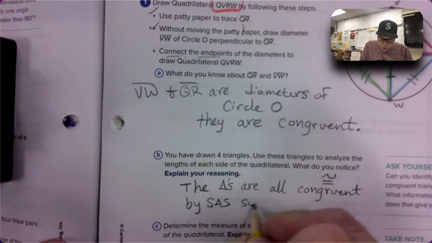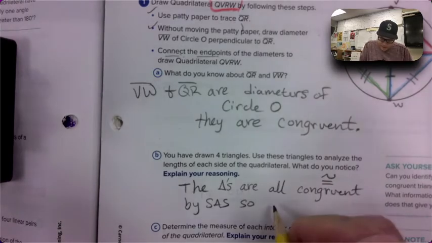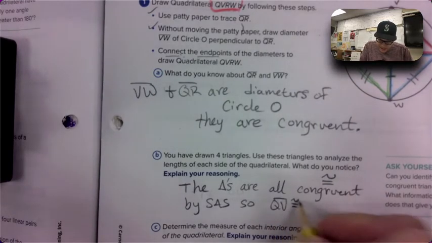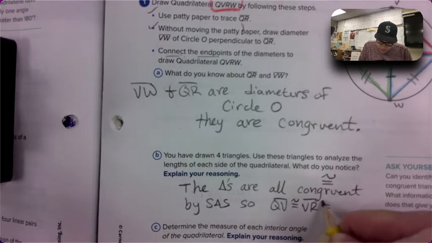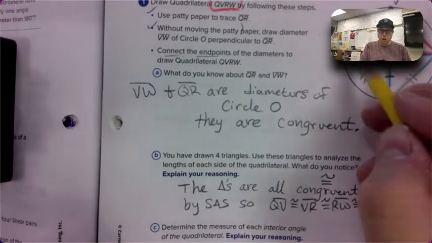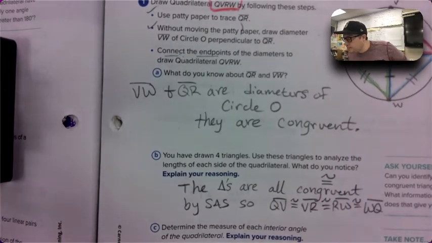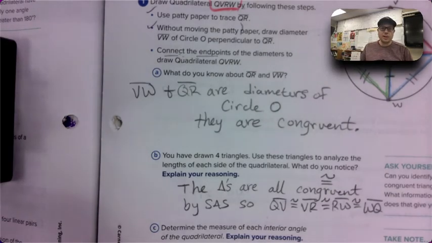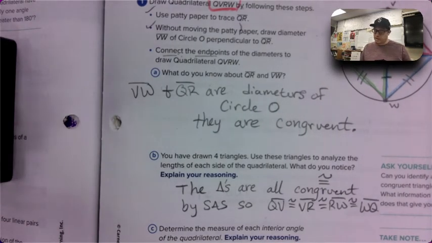So that means QV is congruent to VR, congruent to RW, congruent to WQ. That's all the way around the square. That means that we have at least a rhombus.